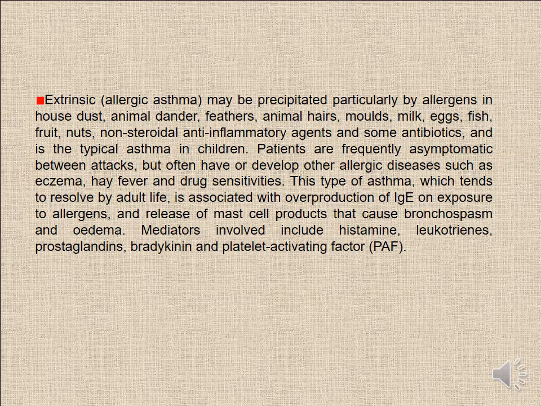The extrinsic type is the allergic type, may be precipitated particularly by allergy to house dust, animal dander, feathers, animal hairs, molds, milk, egg, fish, fruit, nuts, non-steroidal anti-inflammatory agents, and some antibiotics, and is the typical asthma in children.